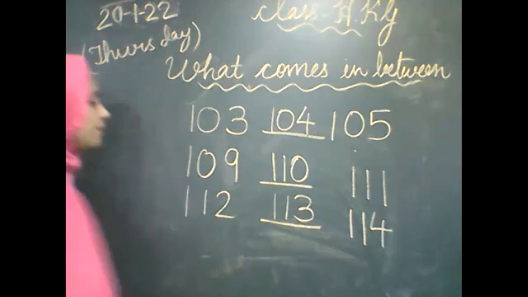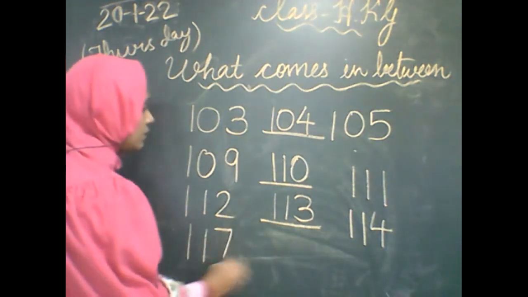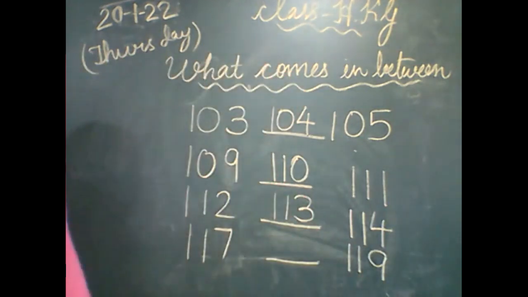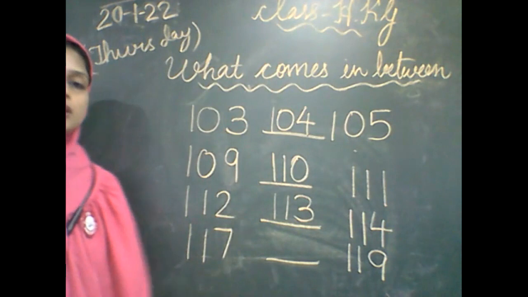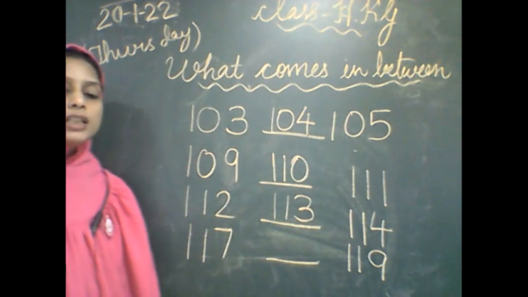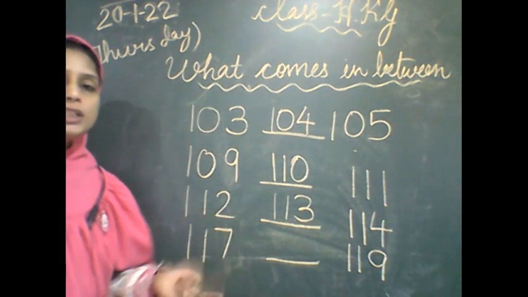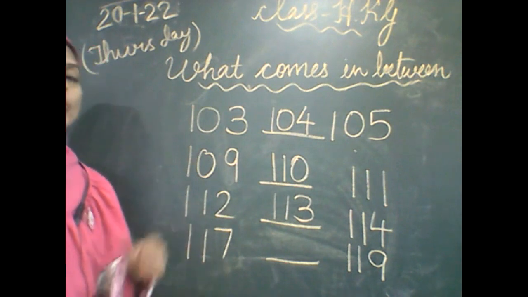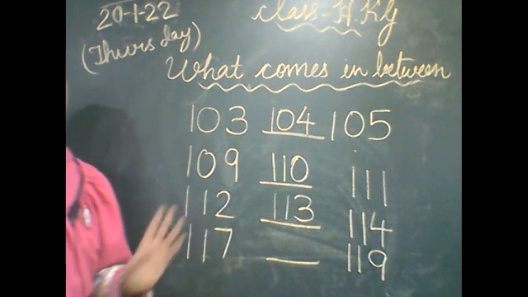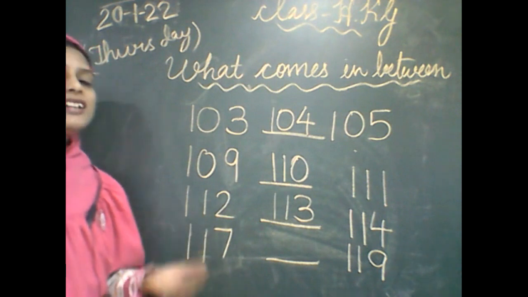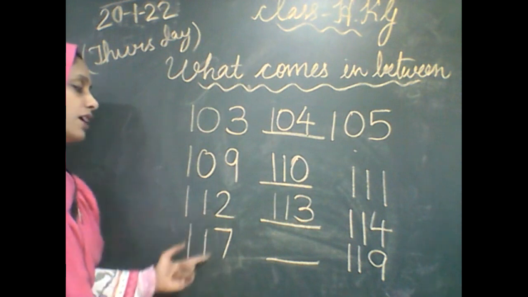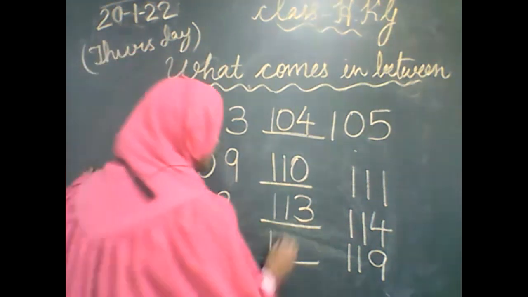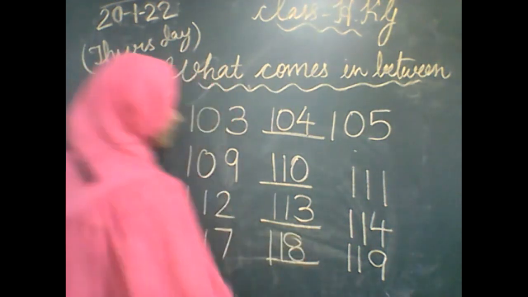Now, come to next. Next number is 117 and 119. So we have to write down the between numbers which comes in between 117 and 119. So for that, say the counting. 111, 112, 113, 114, 115, 116, 117, and 118.